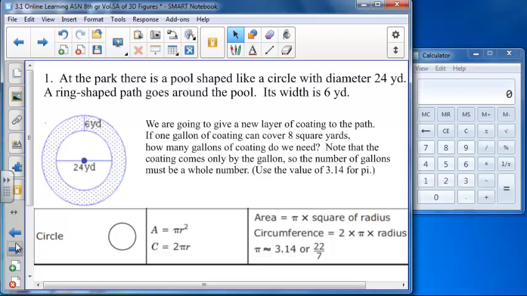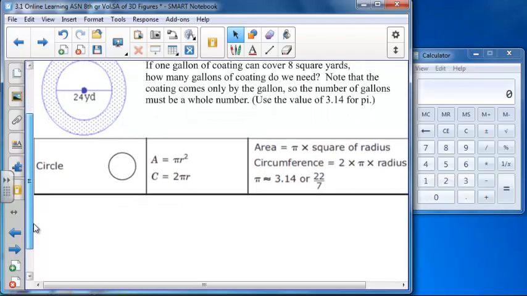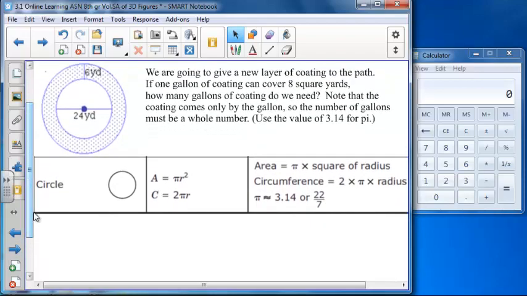We have a circle on the inside and an overall larger circle for the pool. First, let's compute the area of the larger circle. The area formula is pi r squared.